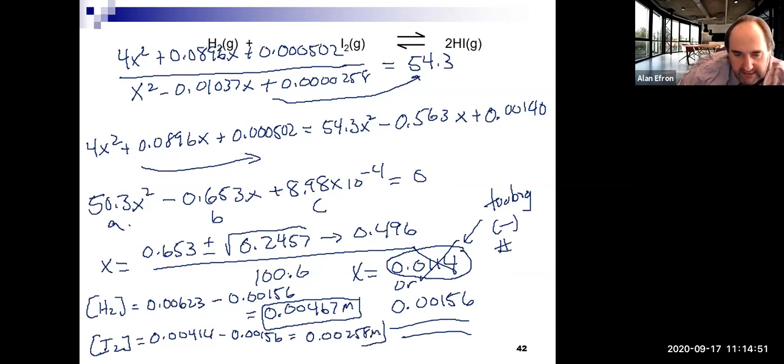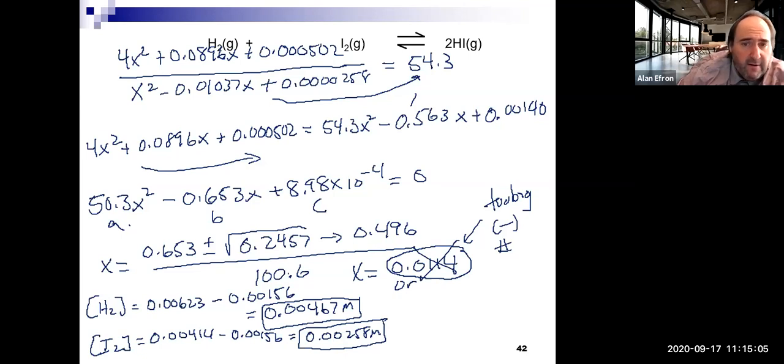And lastly, what I'm going to do is clear something up so we have a spot here to write. And lastly, for our HI concentration, it is going to be our initial, which was 0.0224 plus 2x.